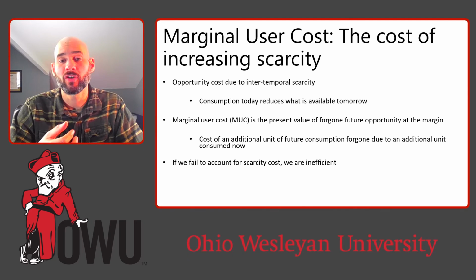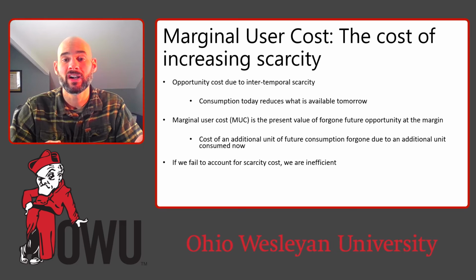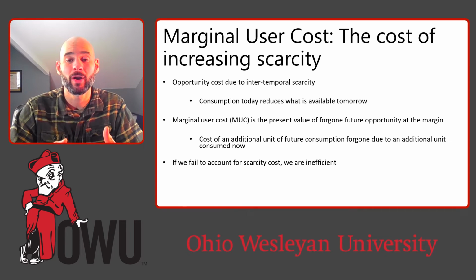And so the marginal user cost is going to be the opportunity cost due to increasing scarcity in the future attributable to your extraction or consumption decisions at any point in time. And so shorthand here, consumption today reduces what is available tomorrow.